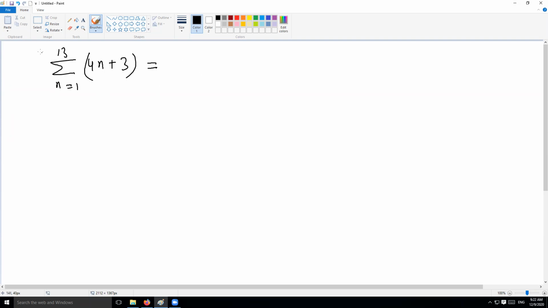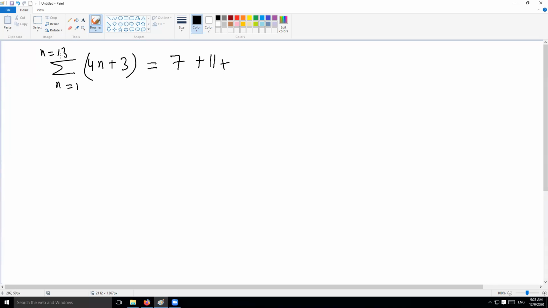The way to do it is to take your first term and substitute it here. When you substitute n equal to 1, you get 4 plus 3, yani 7. And then substitute n equal to 2, so it's 4 times 2, 8 plus 3, yani 11. Plus so on and so forth.